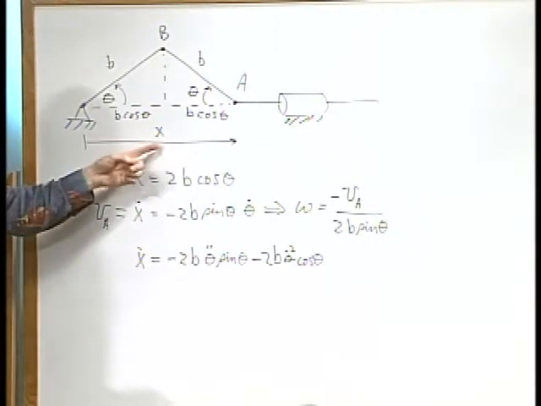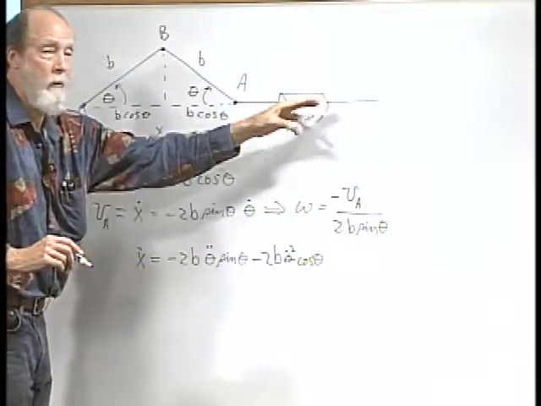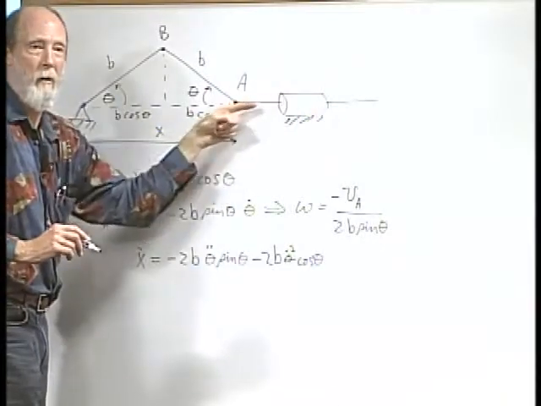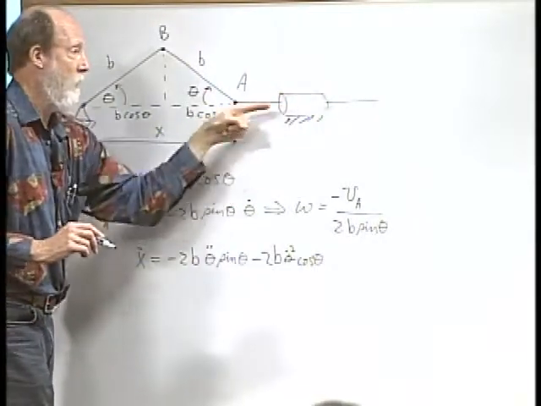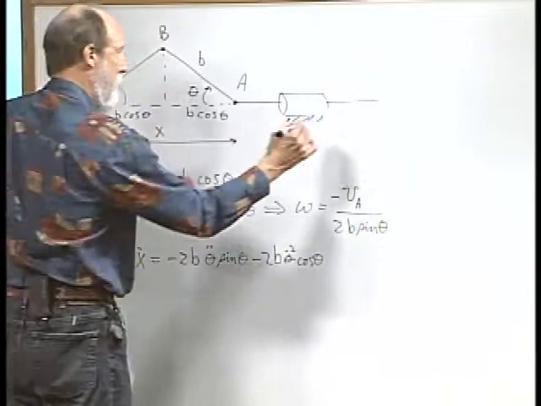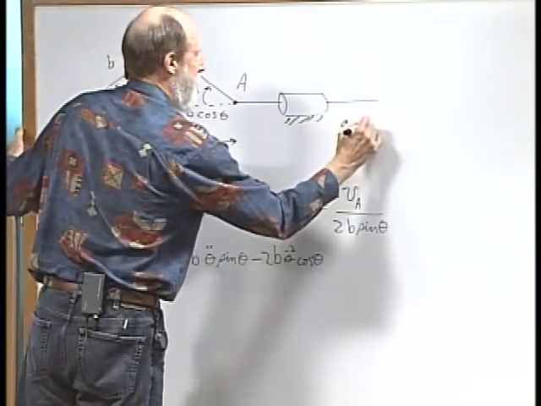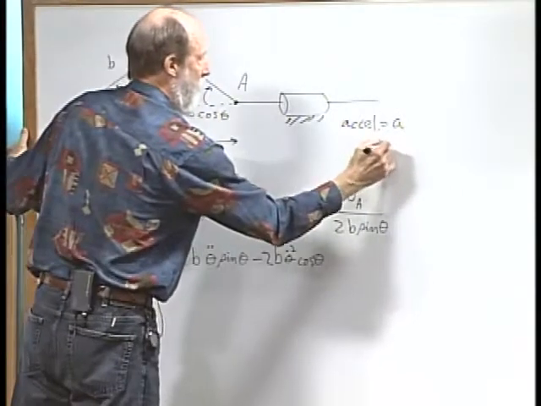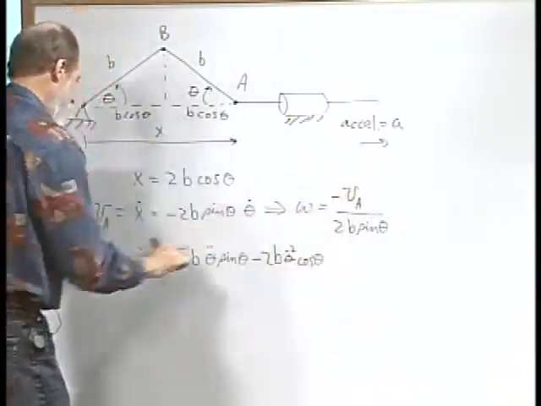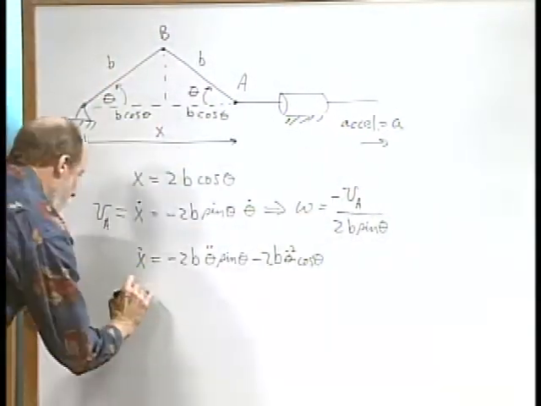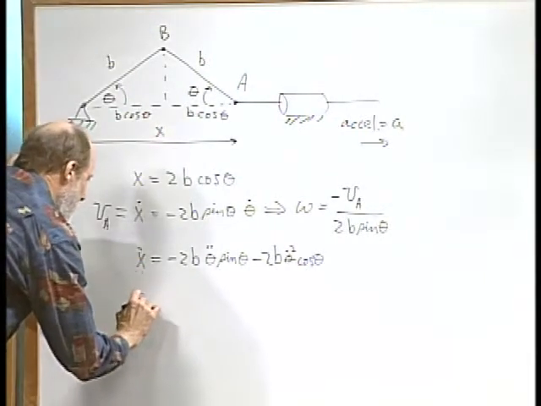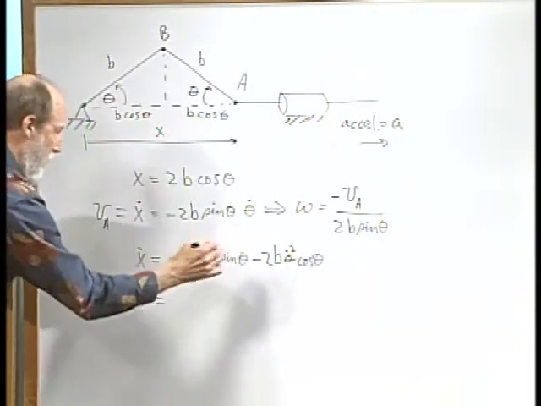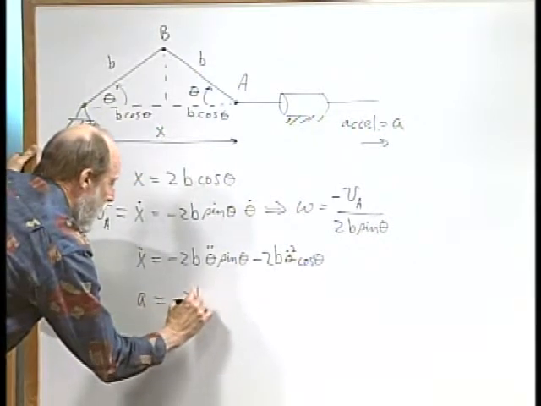X double dot is the given acceleration of this piston to the right. Acceleration was equal to a, and that was given to us in the problem. So this x double dot was that, and this is where we left off, pondering this when we ended class.